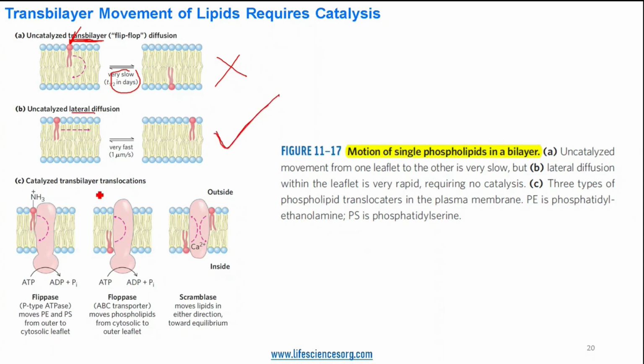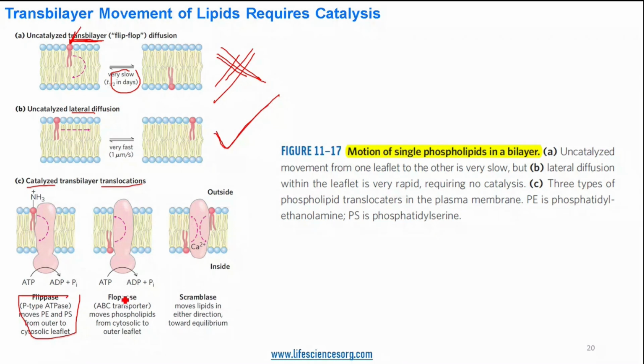So there are three transbilayer translocations that are catalyzed by enzymes. One is the flippase. Flippase transfers the phospholipid from one leaflet to another, and that is definitely energy consuming. Without energy, it's not possible. Usually, it does not occur.